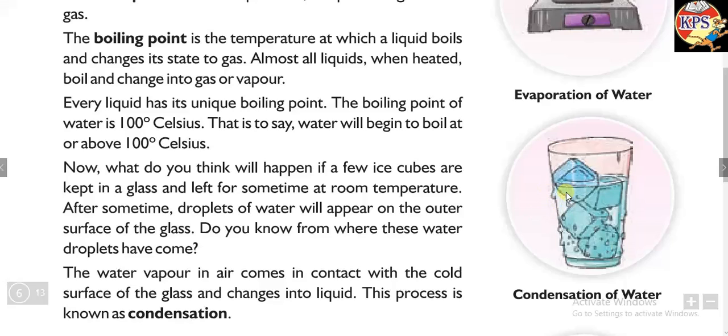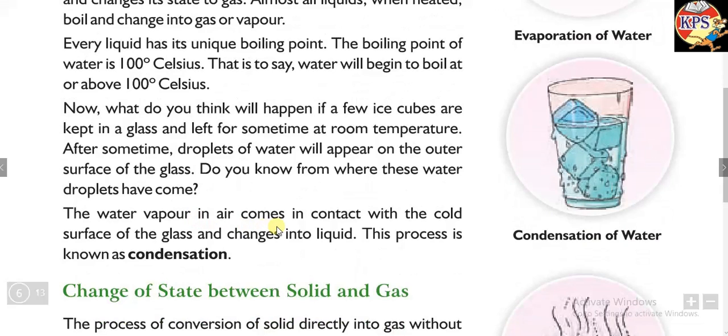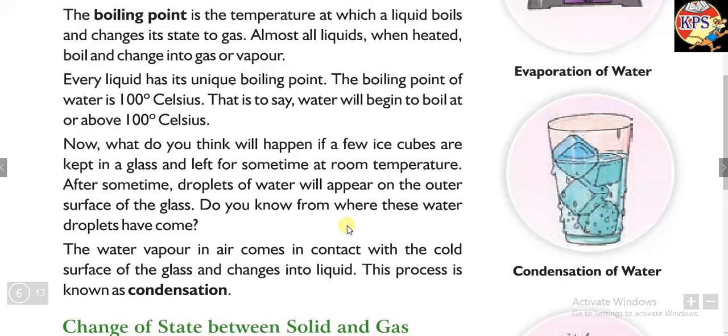This is because the temperature of the glass is 0 degrees Celsius or below room temperature. Then it will convert the water vapor in the air around us into liquid. So the water vapor in the air comes in contact with the cold surface of the glass and changes into liquid. This process is known as condensation.